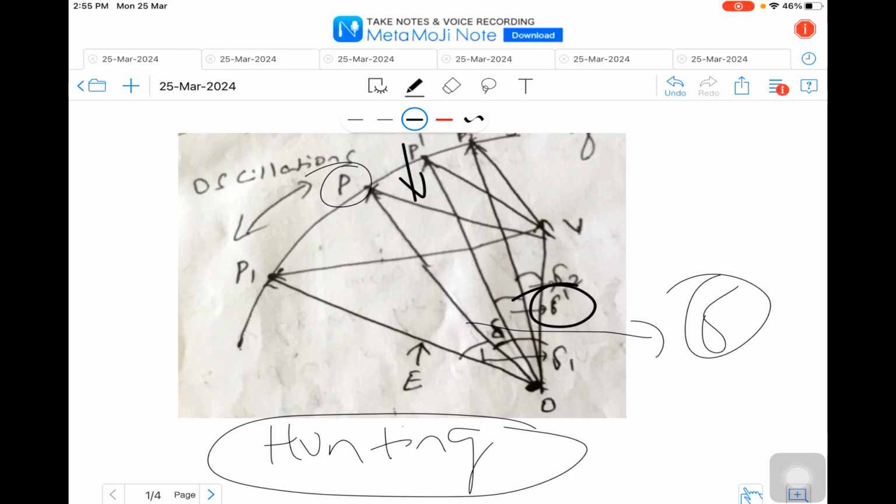Before achieving this new position P dash, there are oscillations. The alternator oscillates about P dash to P1 and about delta dash, as we can see in the figure.